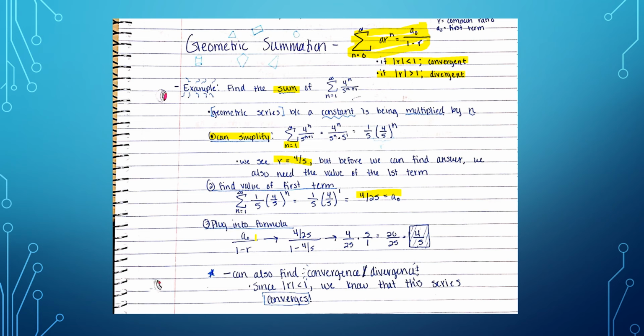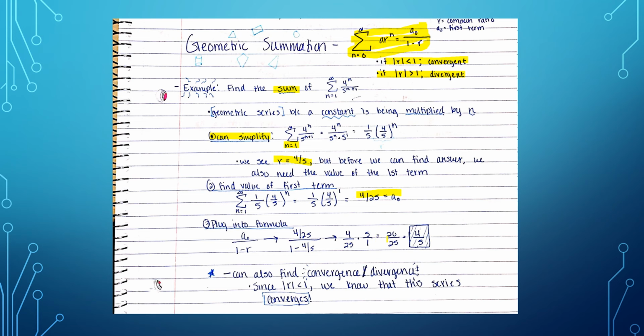When we plug this into the formula, we get 4 over 25 divided by 1 minus 4/5. This is the same as 4 over 25 times 5 over 1, because 1 minus 4/5 is 1/5, and when you divide two fractions, you multiply the first by the reciprocal of the second.